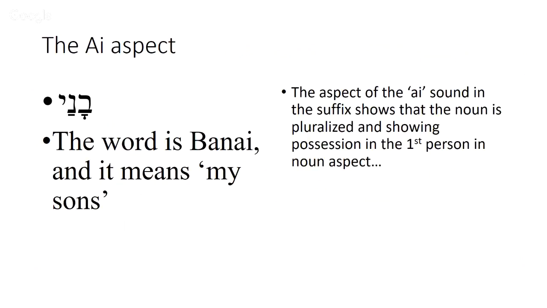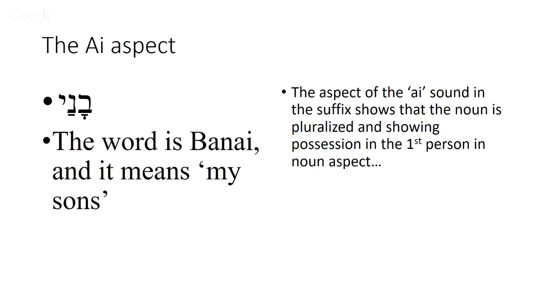So what's going on in that particular regard is this. When you're saying anything in Hebrew that is a noun and you're saying it is my whatever, but the thing that you're talking about is more than one or is plural, then you say it with the suffix of I. Ben is son. Beni is my son.